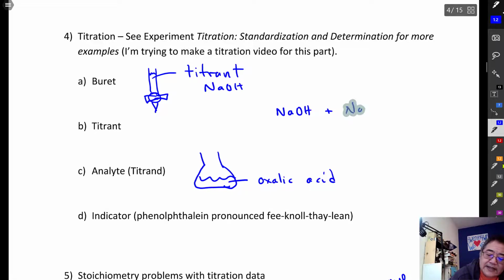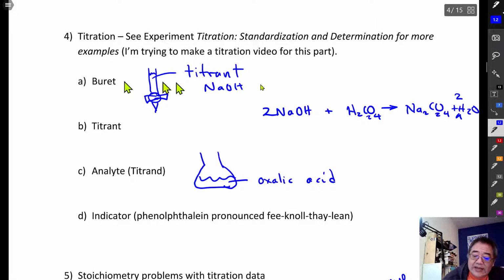Oh, sorry, oxalic acid. H2C2O4, and then H2C2O4 plus H2O, and there's two of those there, okay? So what's happening is the sodium hydroxide is being added, and it's being used to neutralize the oxalic acid.